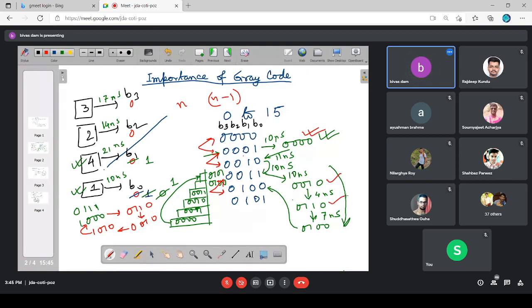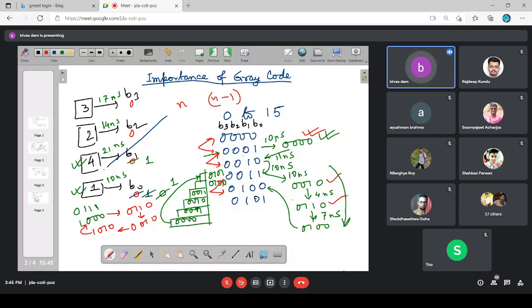Now I repeat, the actual values of the transient states are totally different, dependent on the relative propagation delays of the different circuits, and that too time dependent. At a particular time instant, one particular circuit may be responding fastest.